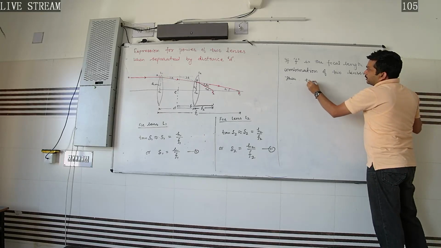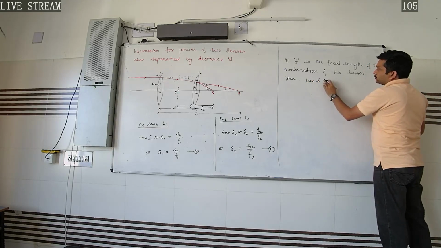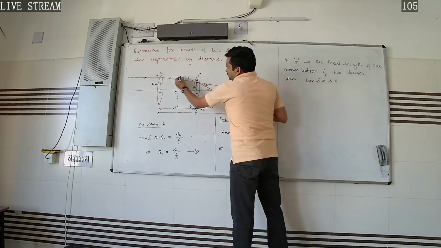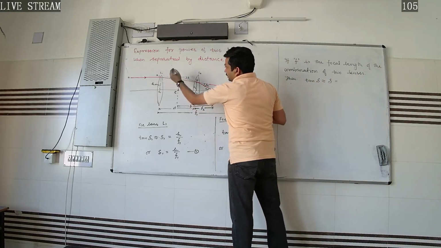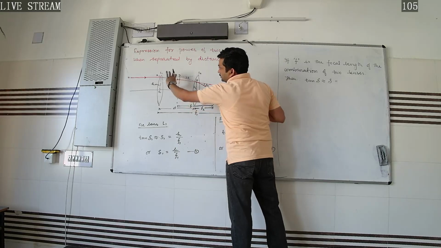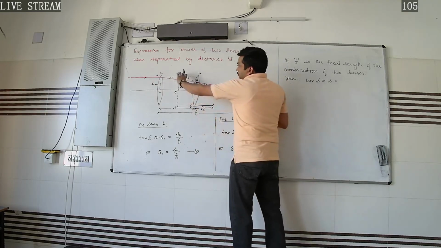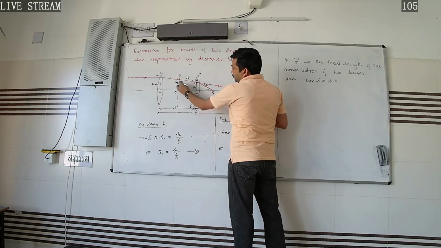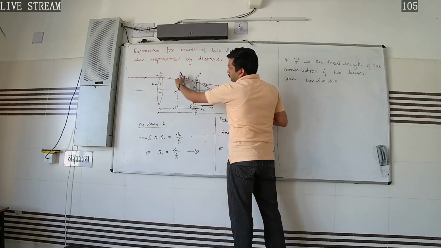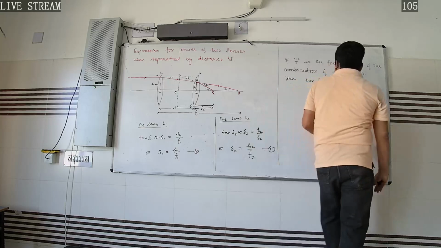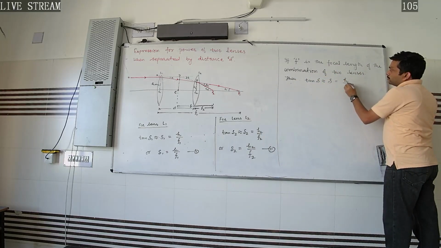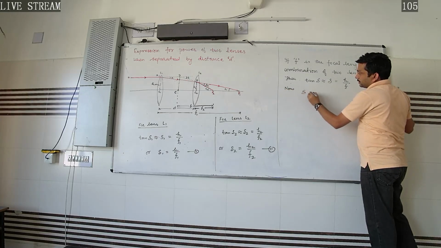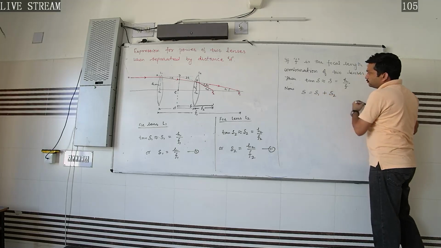Then tangent of angle delta will be approximately equal to delta, and delta will be equal to this distance. Let us consider this is DC, so DC is equal to AC1. This distance, that is tangent of angle delta, the net deviation produced, will be given by this CD, that is equal to H1 over F. So we can write here H1 over F. Now, the net deviation delta can be written as delta 1 plus delta 2.